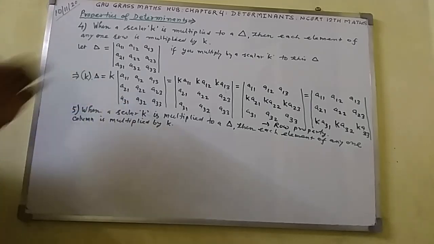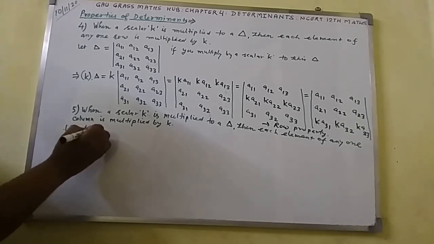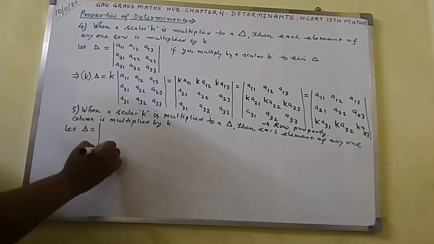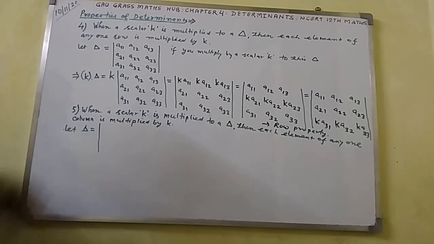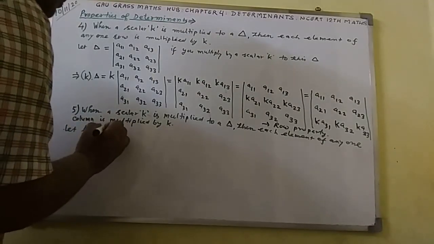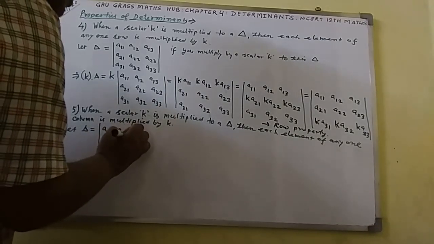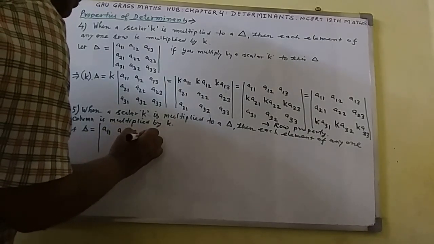Here I shall take the same determinant. So here I can write, let determinant equal to the same determinant. Here I shall write the elements of the first row: a11, a12, a13.